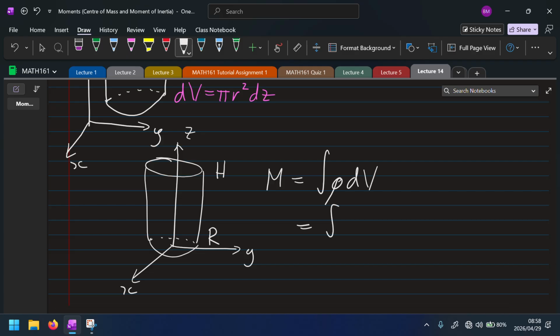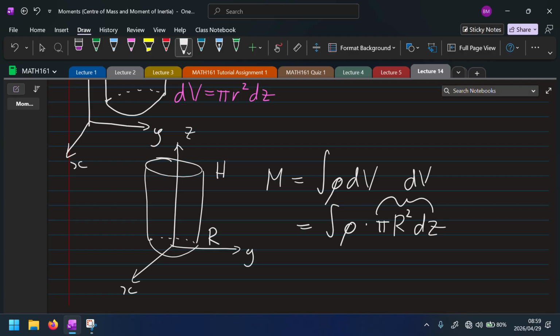So this will be the integral rho. dV is the little volume of a disk that we cut out. That was pi r squared dz. So pi r squared, we know the radius of this thing, dz. So all of this here, this was dV.